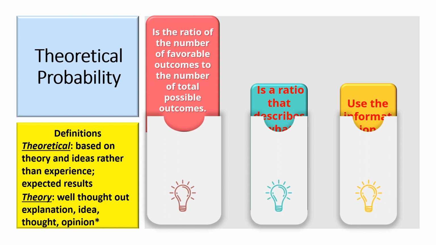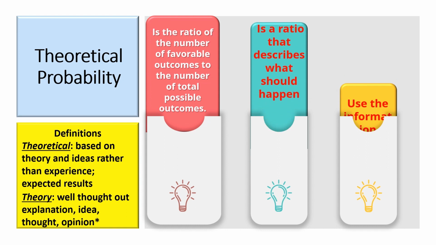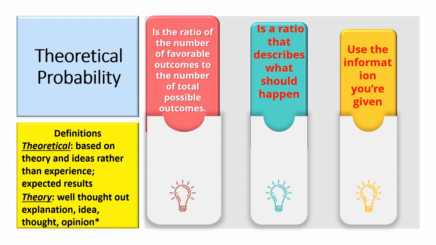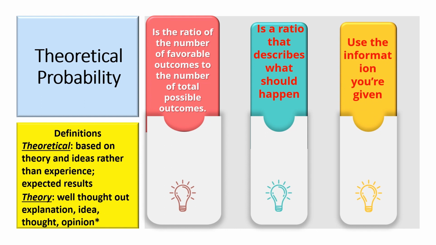You will see the formula in just a minute that you can use to calculate and find the theoretical probability. And it is also a ratio that describes what should happen, based on the information you're given.